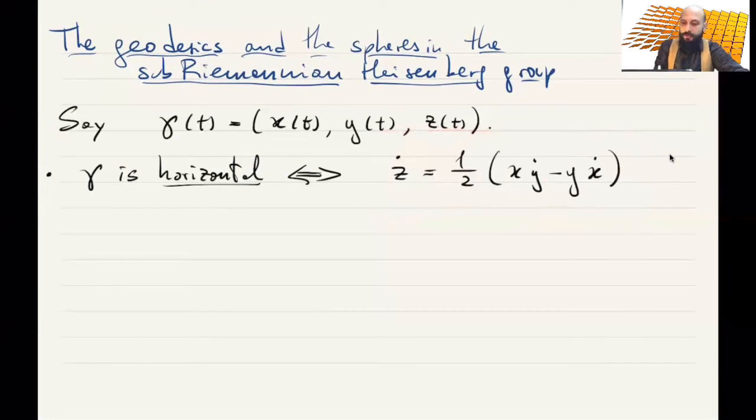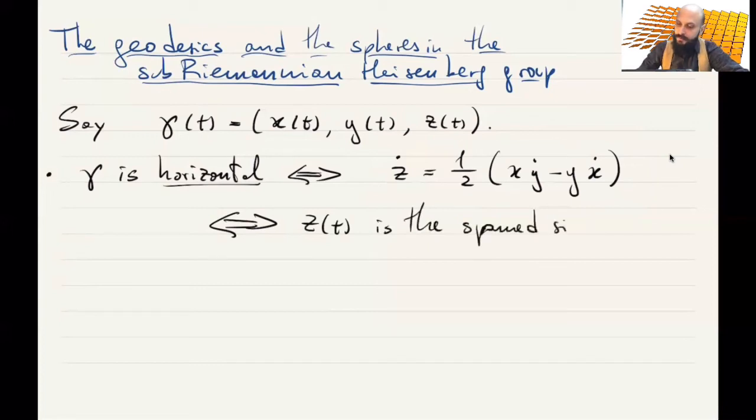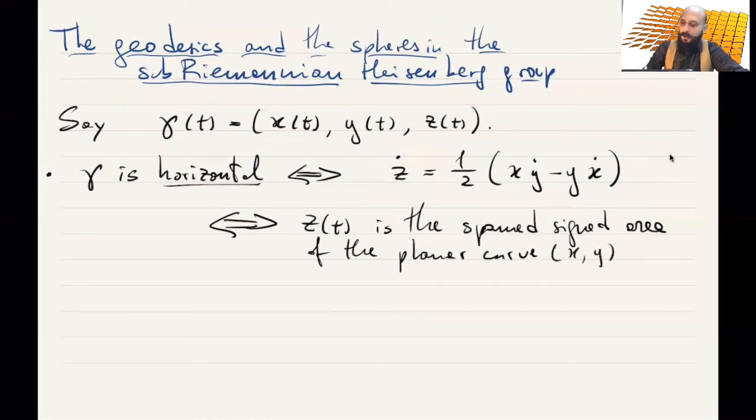And we got to that equation because what we imposed was that z of t is the signed area of the planar curve x, y up to time t.